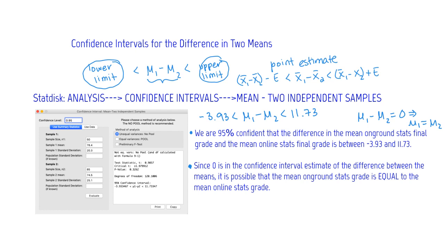But what numbers does this interval primarily contain? It goes from negative 3.93 to positive 11.73, so this interval has more positive numbers than negative numbers. What does that mean about the relationship between mu1 and mu2?